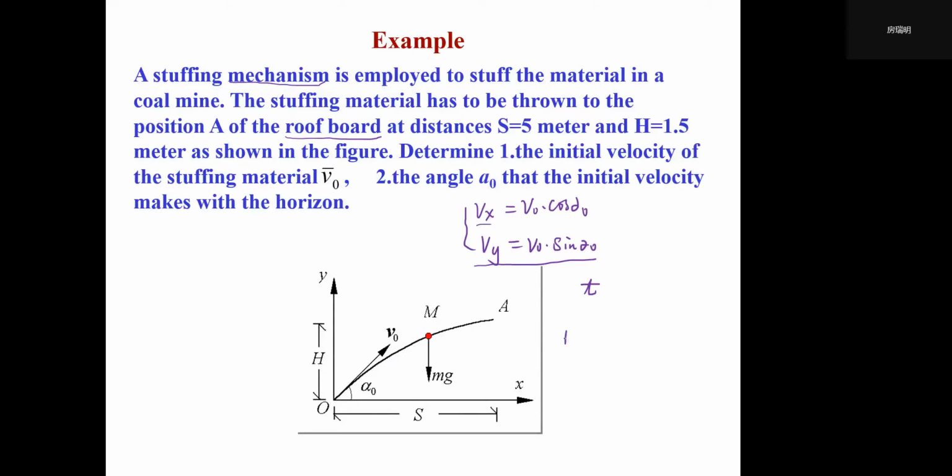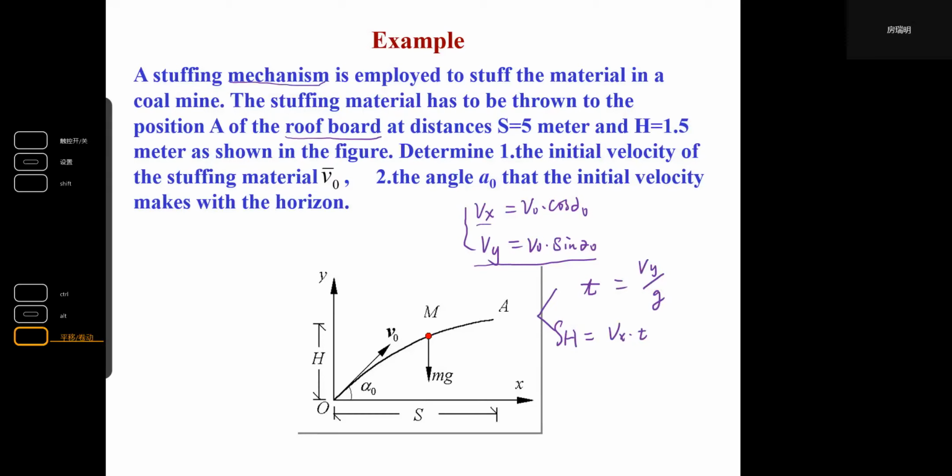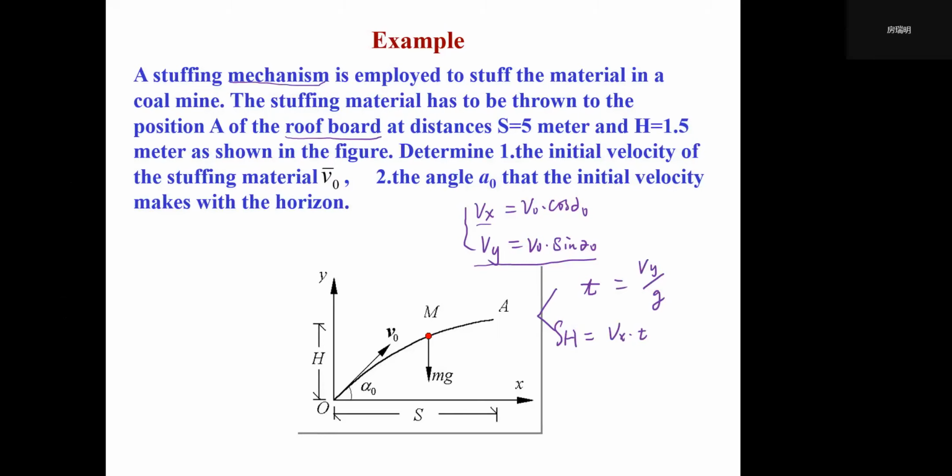That means s equals this Vx times t, and this t will just equal Vy over g, right? Because it constitutes decelerated motion, because of this mg over m, the acceleration is always g, right? So use these two expressions, we can find the final result. I hope you guys can understand what I'm talking about, right?